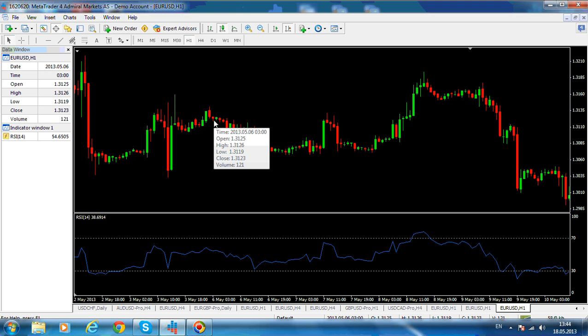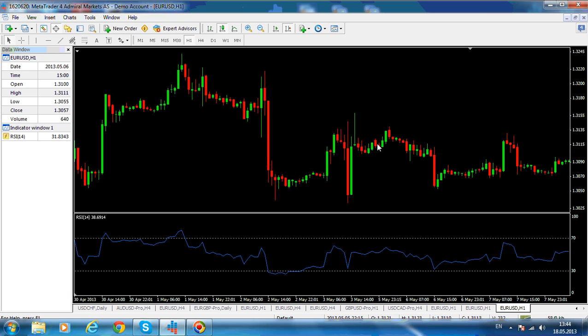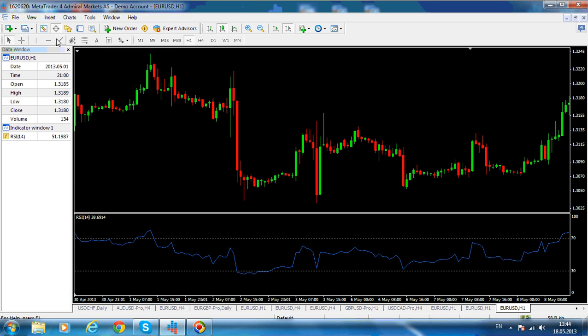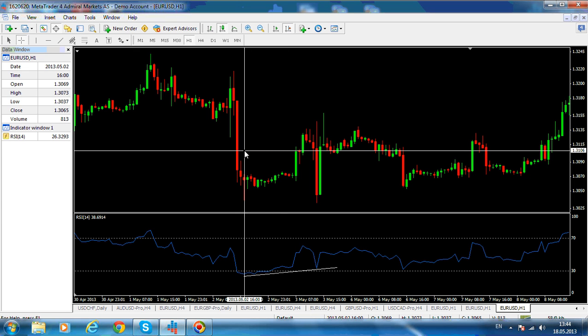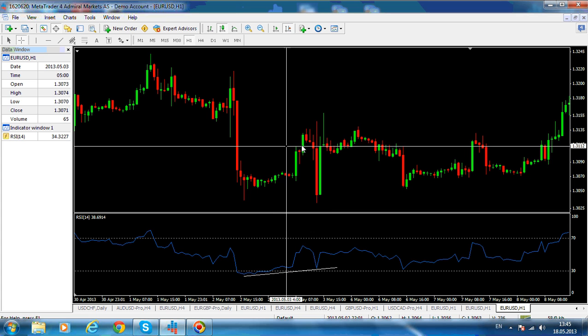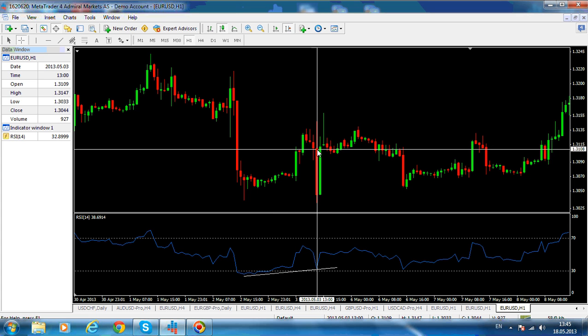This is still a 1 hour chart, and on the euro dollar. And this is the first instance that I came across. As you can see, the oscillator is rising. Looking on the left side of the screen under the data window, the relative strength index starting from this point has a value of 26.32, and at this point has a value of 32.89.